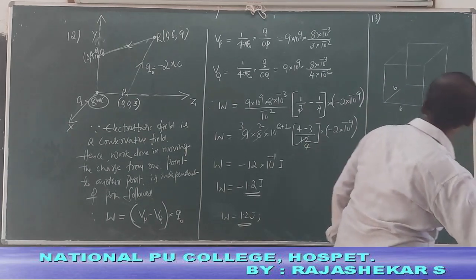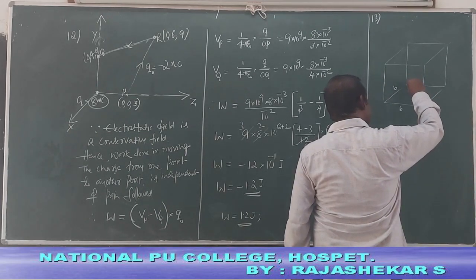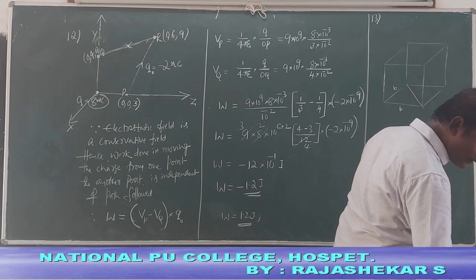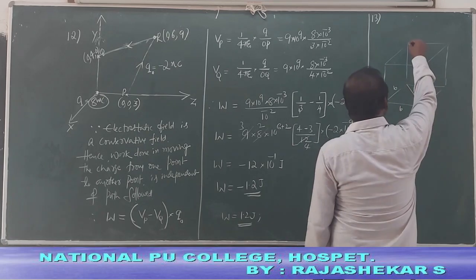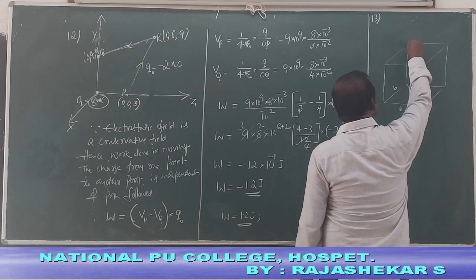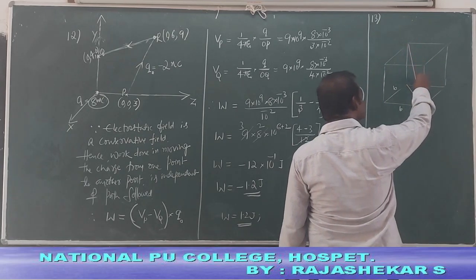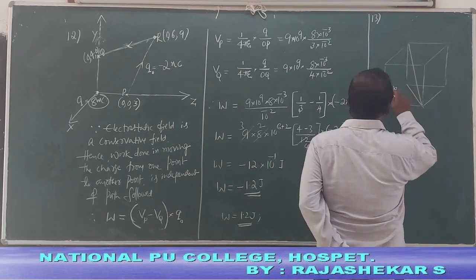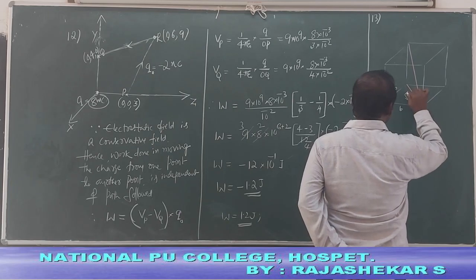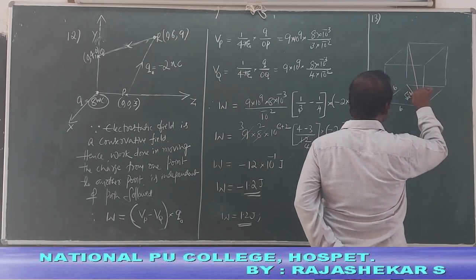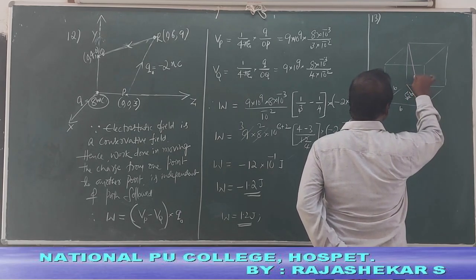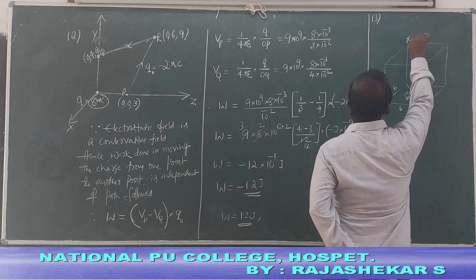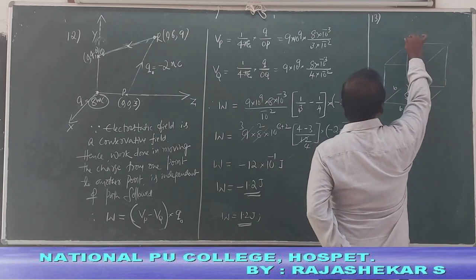Remember, this is the diagonal of the face of the cube. Also remember, this is the diagonal of the cube. If this is B and this is B, this is root 2B. This is well known. And this is the center of the cube. Consider this is, say, X. Say this is Y. What is X and Y?